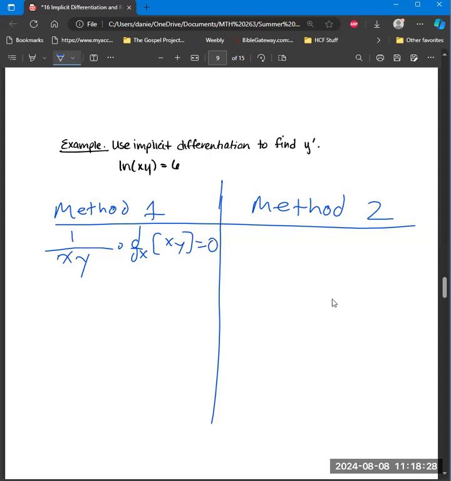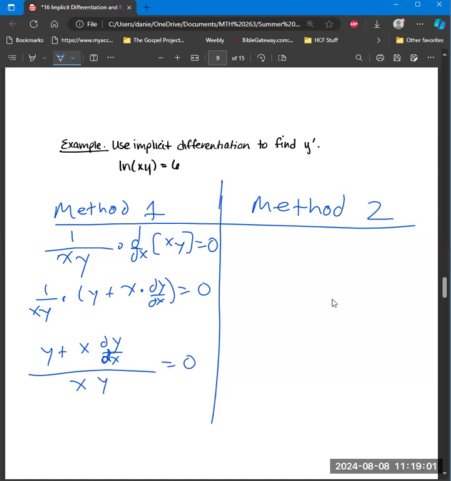That's going to be equal to 0 on the right-hand side. So 1 over xy times, now I have a product rule. So 1 times y plus x times dy/dx is equal to 0. So (y + x dy/dx) all over xy is equal to 0.